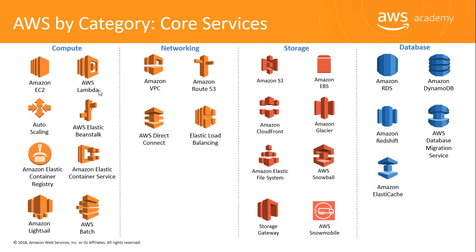Under this compute, you'll have Amazon EC2, Lambda, Auto Scaling, Elastic Container, Lightsail, AWS Batch. In this compute section, don't try to learn a complete category. You can't learn EC2, Lambda, Auto Scaling, Elastic, AWS Batch all in a single shot.